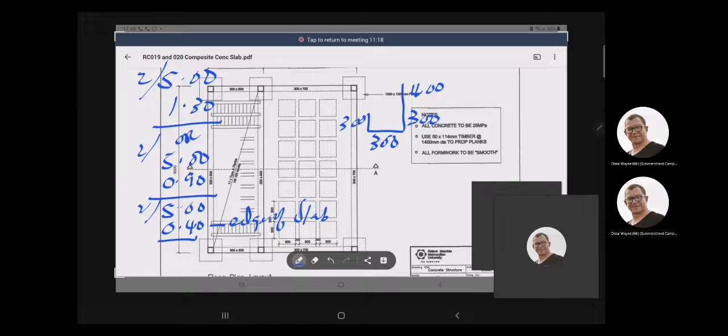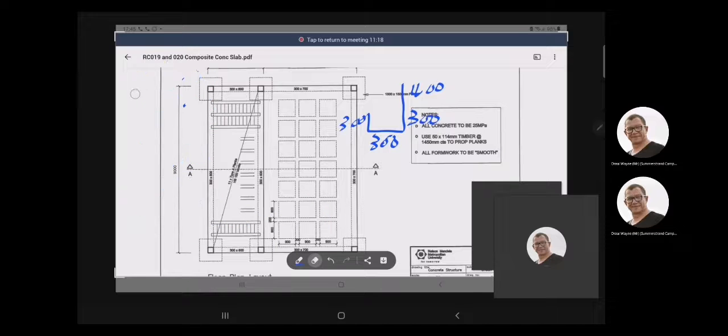And for my vertical side, I would then say 8.4 multiplied by 0.9, as well as 9 meters multiplied by 0.4, and that is for the edge of my slab.